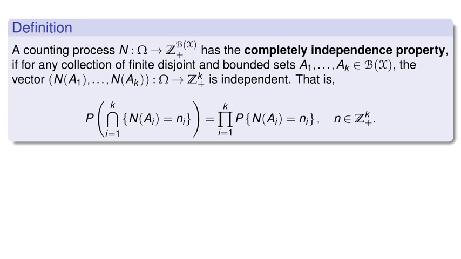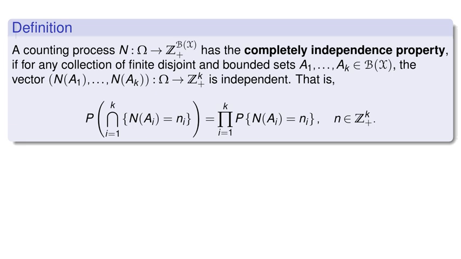Let's define the complete independence property. A counting process N mapping from omega to Z plus raised to script B of script X is said to have the complete independence property if for any collection of a finite number of disjoint and bounded sets A1 through Ak in script B of script X, the random vector N of A1 through N of Ak consists of independent components.